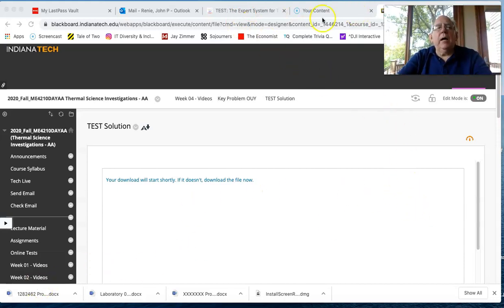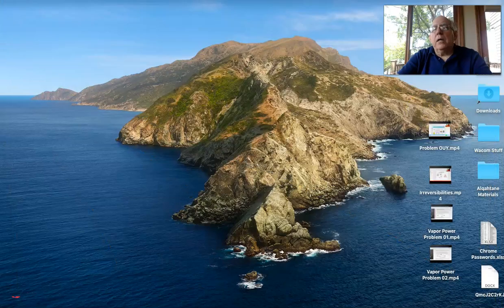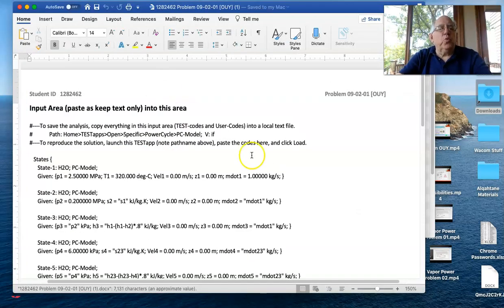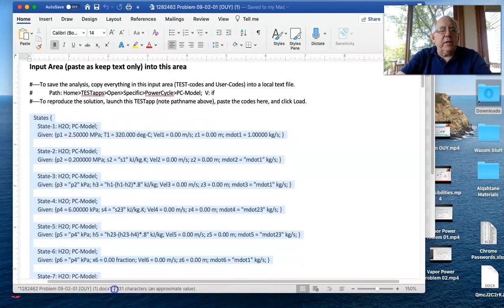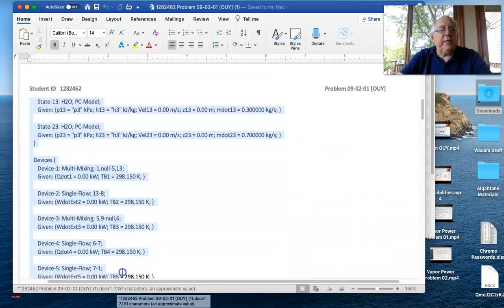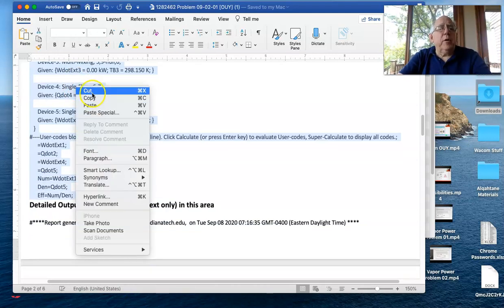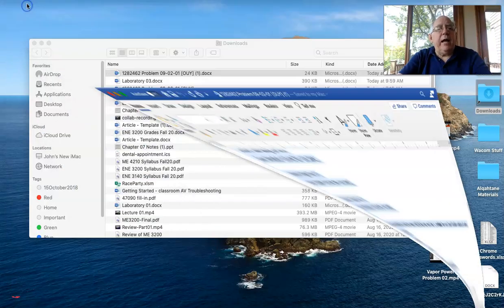So let me go to my downloads, and that's where I have the problem. I'm going to open this Word document up. Like I said, I had already saved the solution, the states, as well as the devices, as well as some calculations with some user code. So I'm going to copy that.